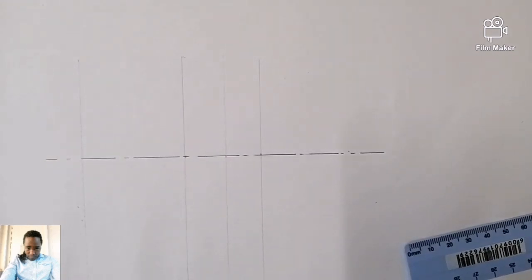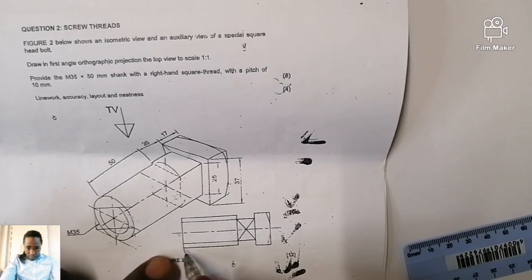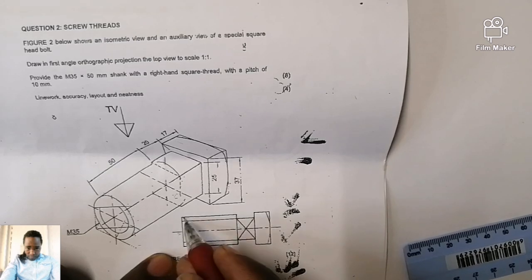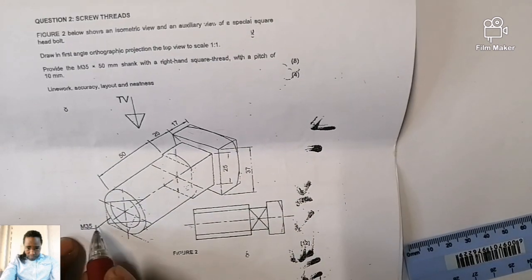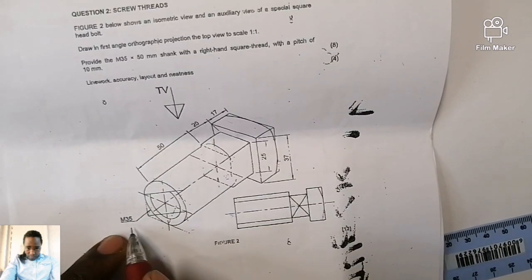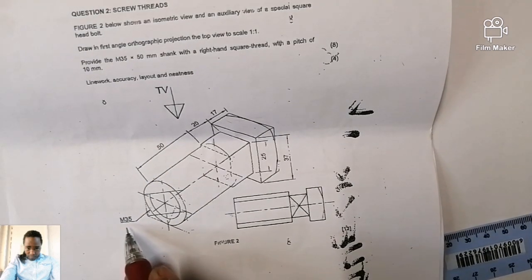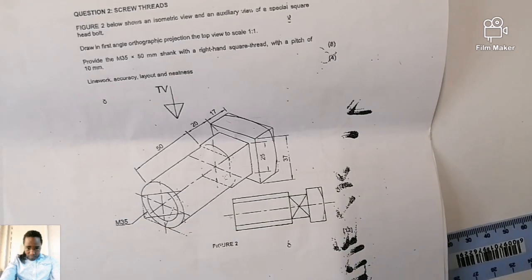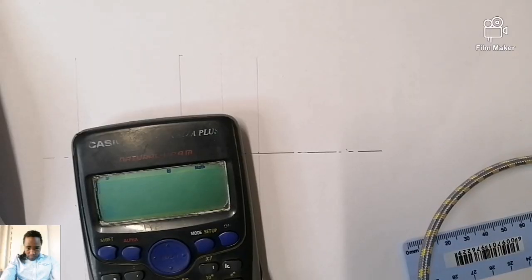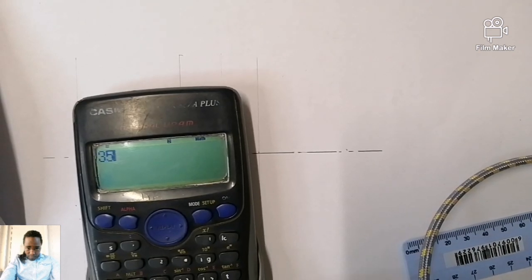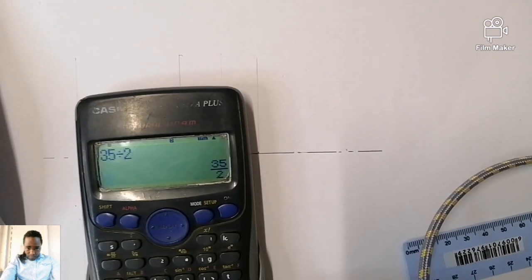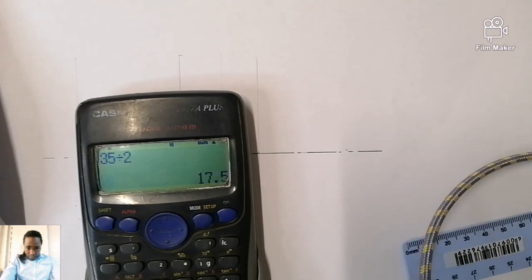Right, then after that, let's come back here. The outer diameter from there till there is how much? It is 35, because the M is as if it's the diameter. So we are going to say the diameter is 35. You must always have your calculator by your side. 35 divided by 2, because of the center, we are getting 17.5.